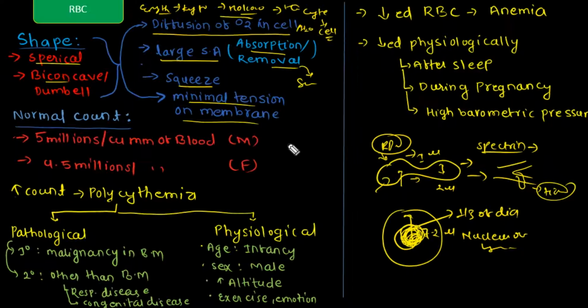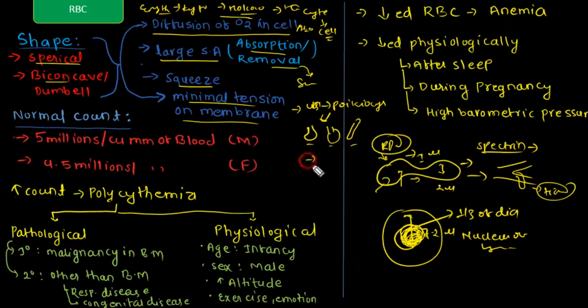If there is an abnormal shape in RBC, an unusual shape, it is known as poikilocytosis. Poikilocytosis means RBCs could be teardrop cells, flask shaped, or pencil cells, as the shape appears like that. In different anemias we can see that.